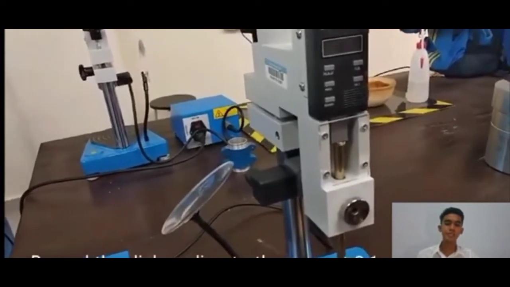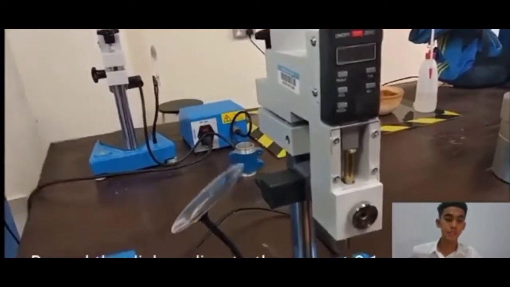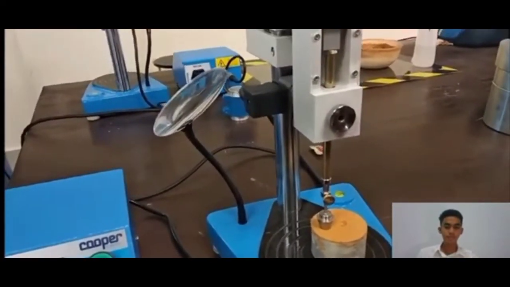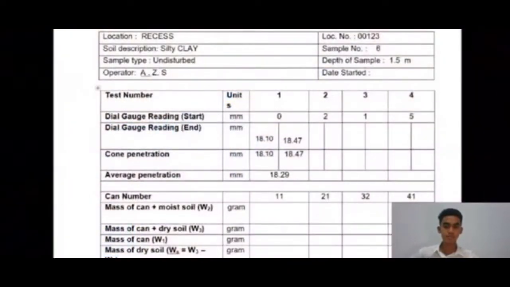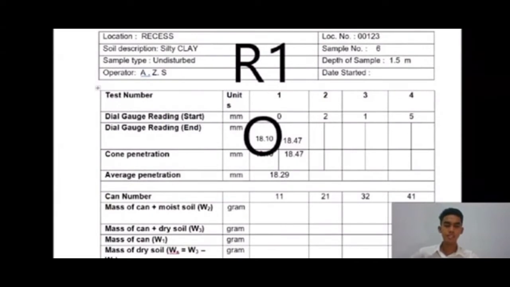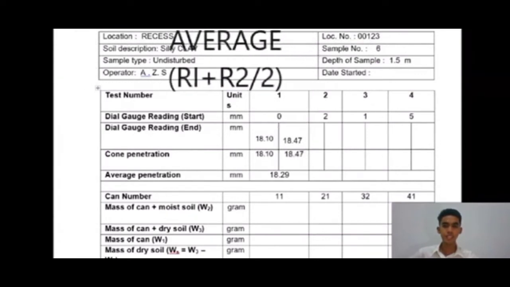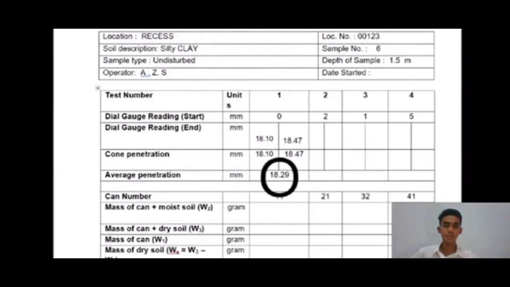Record the dial reading to the nearest 0.1 mm for R2. This is the example for R1 and this is for R2. Next, we calculate the average, R1 plus R2 divided by 2.